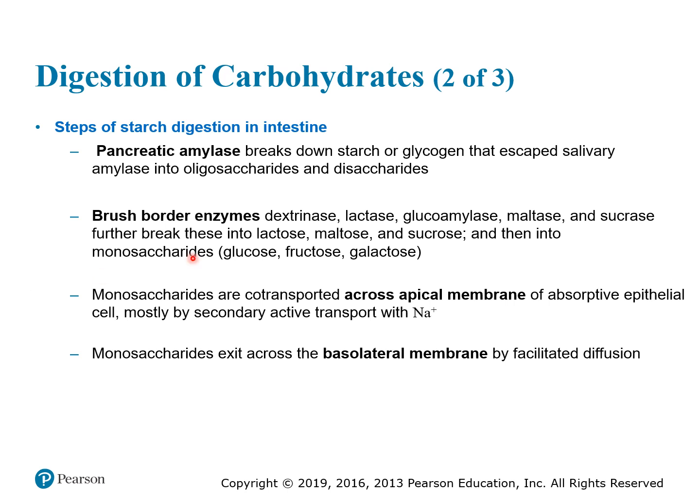That is why it is called secondary active transport, because the sodium potassium pump present at the basolateral surface is creating the concentration gradient for sodium, and because of that, this secondary transport of sodium and monosaccharides is happening. And then monosaccharides exit across the basolateral membrane by facilitated diffusion.